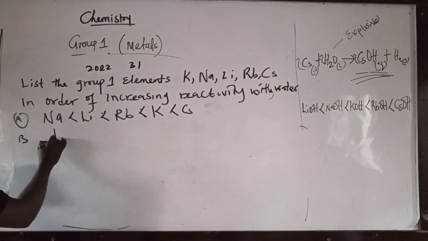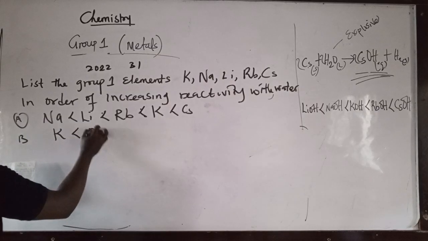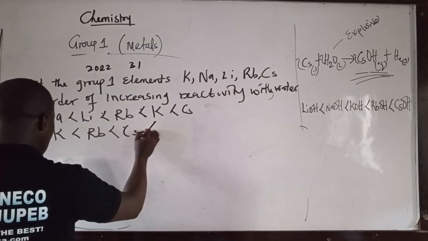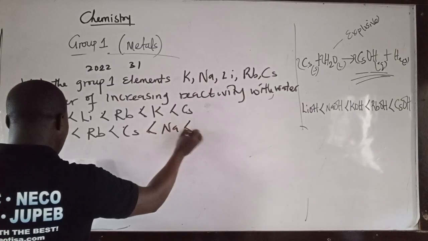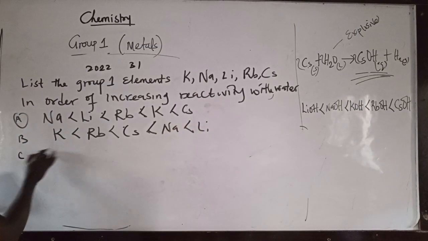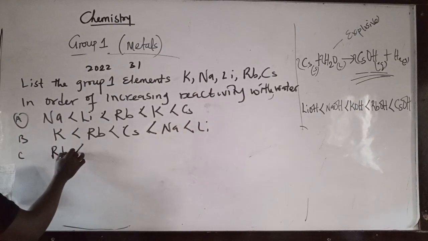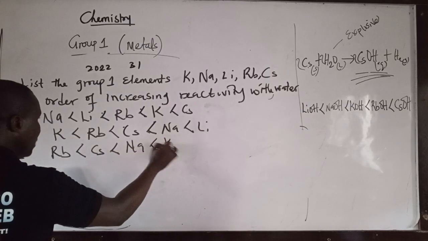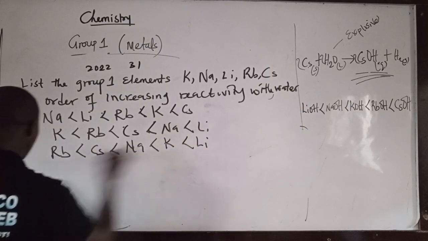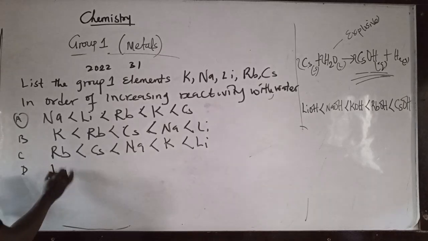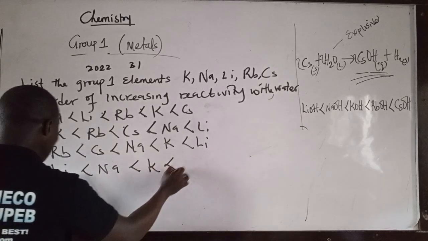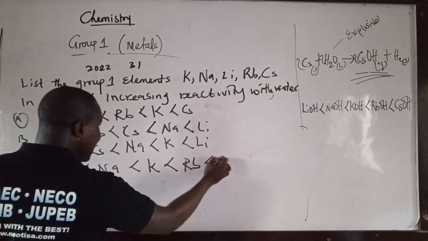Option B: potassium less than rubidium, less than calcium, less than sodium, less than lithium. C: rubidium less than calcium, less than sodium, less than potassium, less than lithium. D: lithium less than sodium, less than potassium, less than rubidium, less than calcium.